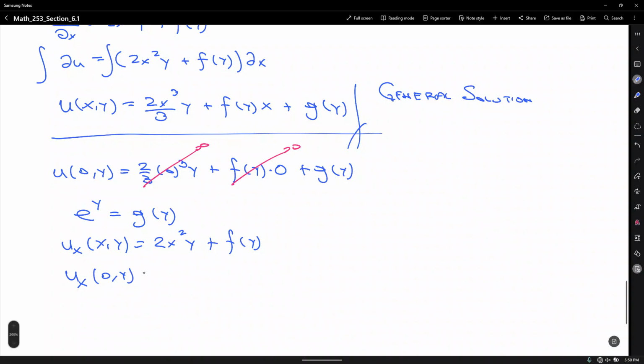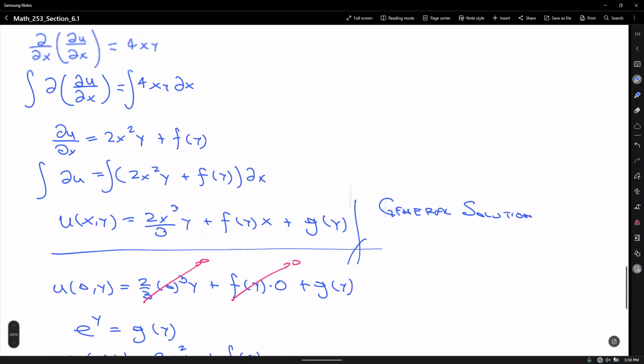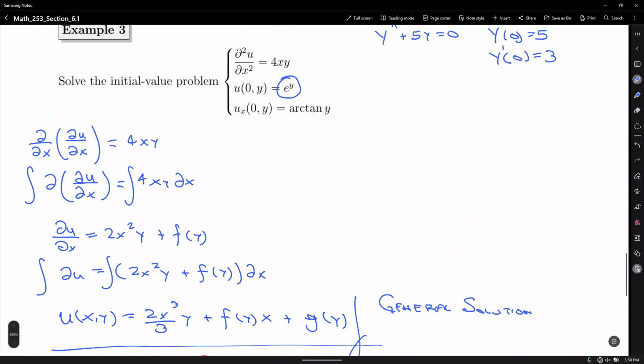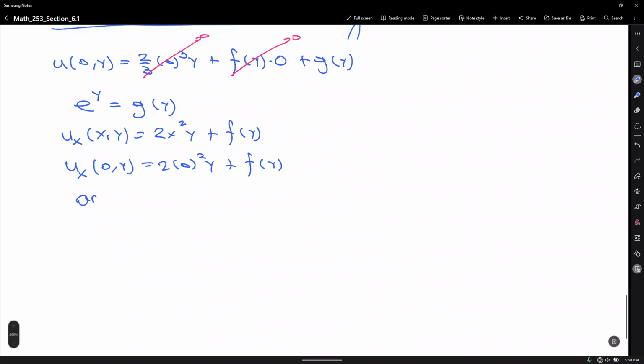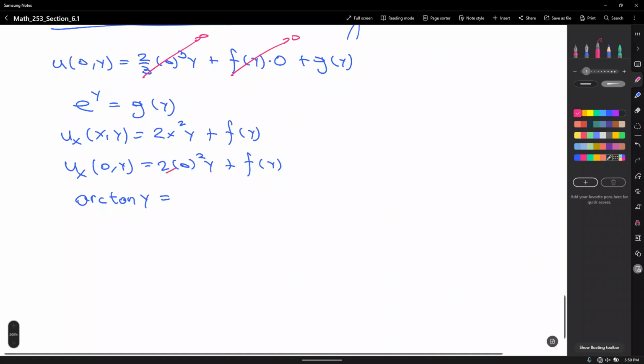Change every instance of x with a 0, that is 2 times 0 squared y, and every y remains intact. Now, what is u sub x of (0, y)? Isn't that equal to arctan y? And this goes to 0, and that is equal to f of y.